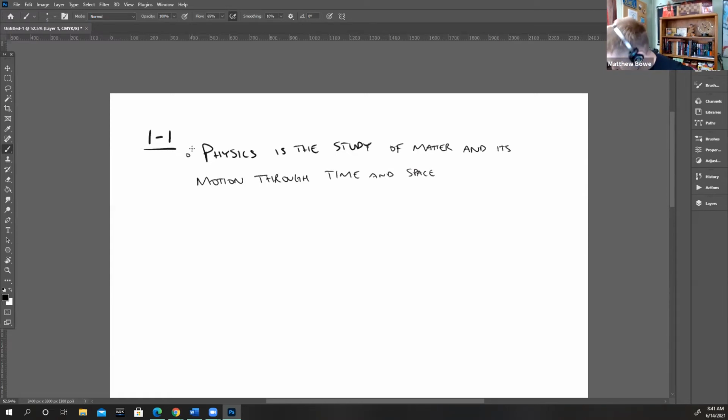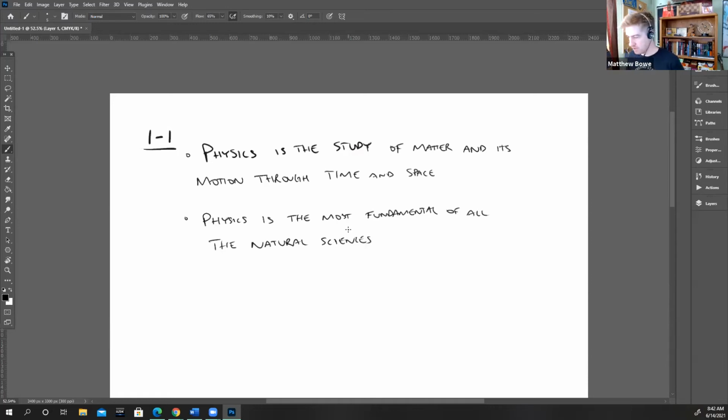It is the most fundamental of all the natural sciences, using the language of mathematics. So physics is a description of nature.